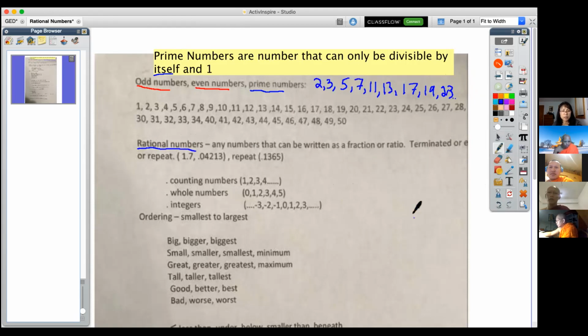Okay, what's a rational number? Any number that can be written as a fraction. So that's a rational number. For example, 1/2 is a fraction. 2/3 is a fraction. 4 is a fraction.